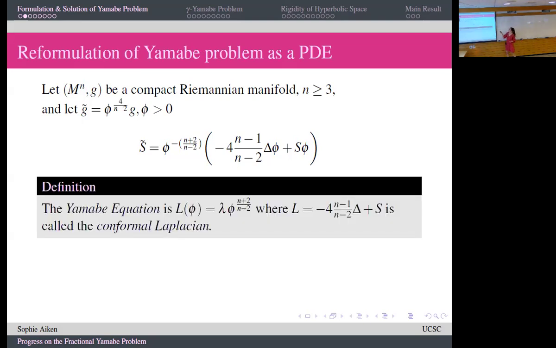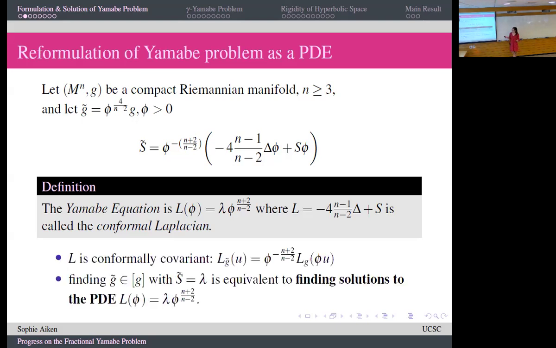And everything inside the parentheses here, this is what we're going to call the conformal Laplacian. If we think about taking this prefactor of phi and multiplying it to the other side, we get the Yamabe equation, where if my S tilde is constant, equal to some lambda, then I will satisfy this equation.